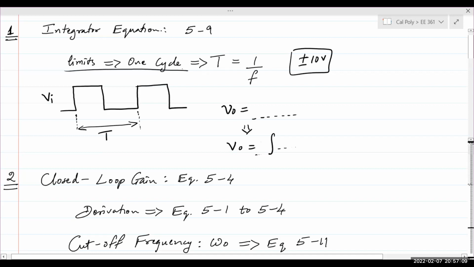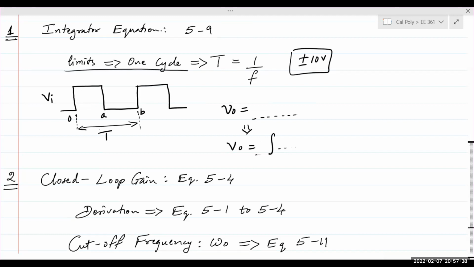Okay, so if you are involving the positive half cycle, the limits of the integral would go from the limits of the x-axis, basically from 0 to the first time point, let's call it A, and then from A to the second time point would be the integral for the second portion. Now, whatever value you obtain, keep in mind, it'll be 180 degrees out of phase of Vi.